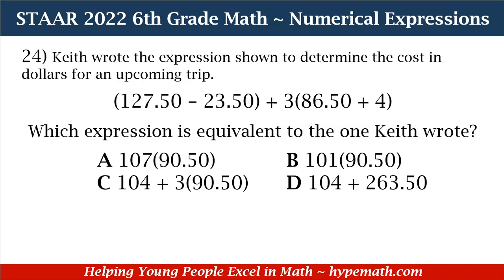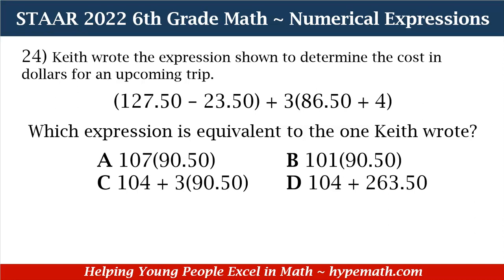So we have 3 times, in parentheses, 86.50 plus 4. And our answer choices are A, 107 times 90.50, B is 101 times 90.50, C is 104 plus 3 times 90.50, and D is 104 plus 263.50.